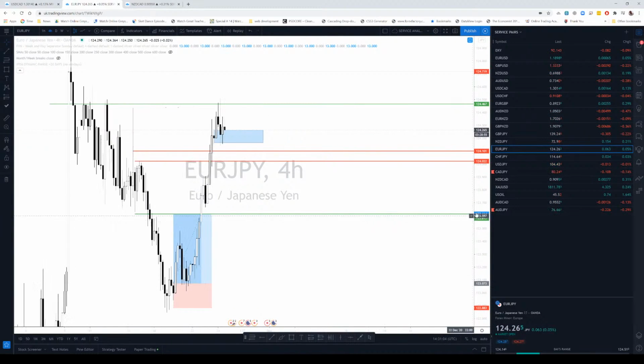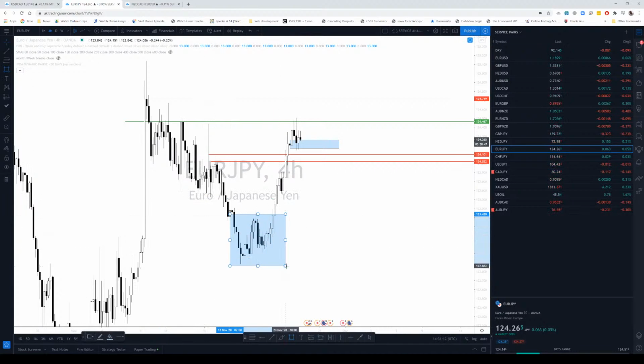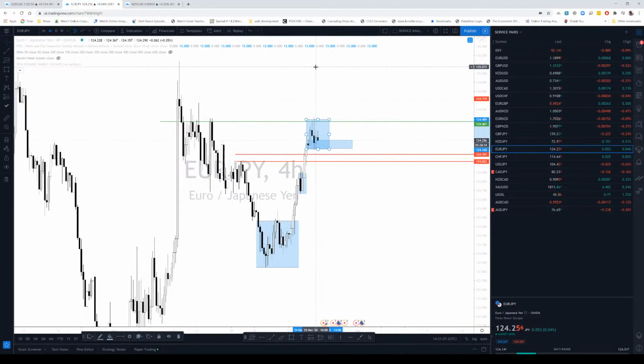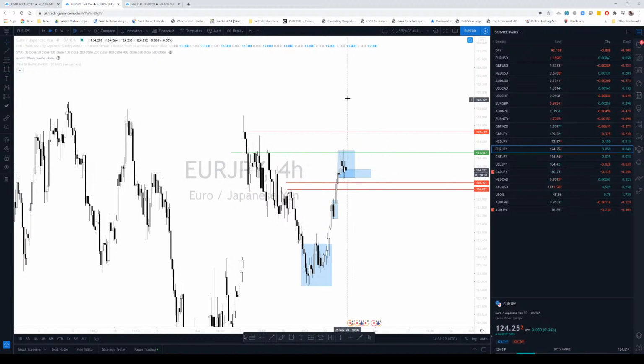Right, on the 4-hour, let me get rid of this, that one. So on the 4-hour we have the initial consolidation, which begins the trend, and then we had our first area of accumulation. So this is my second area of accumulation, and then price should expand up again, and then maybe give me some form of a reversal or give me another area of accumulation.